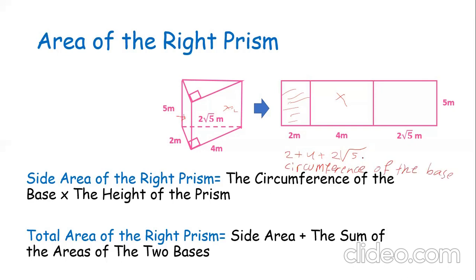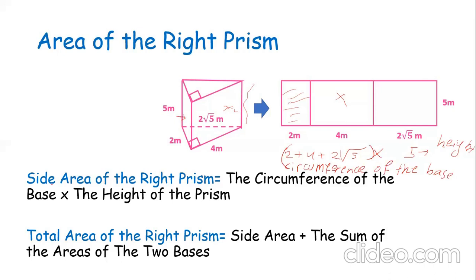And this is multiplied by the width of the triangle, which is the height of the prism, or in other words, the length of the rectangles that form the vertical sides of the prism, which is this one, and is equal to 5 multiplied by 5, which is the height of the prism.